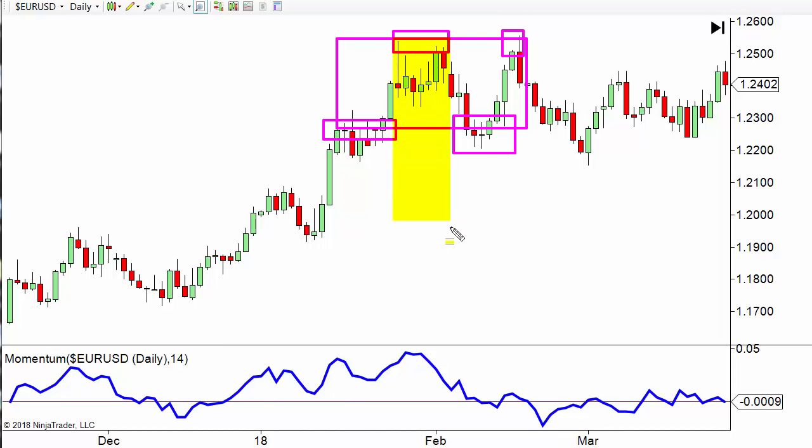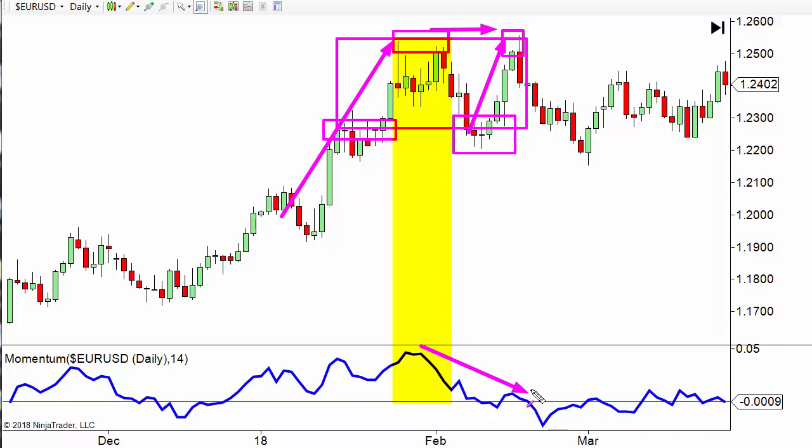We've been moving up, and we've got a higher high on price. And now here we have an equal high on price, but look at our momentum indicator: a lower high.